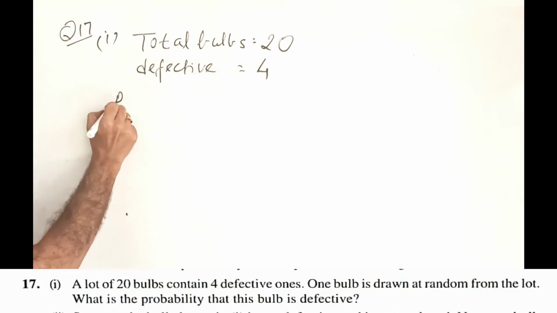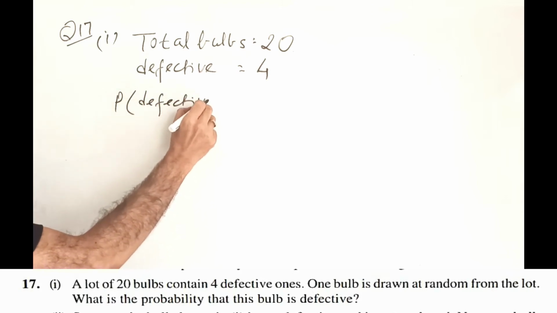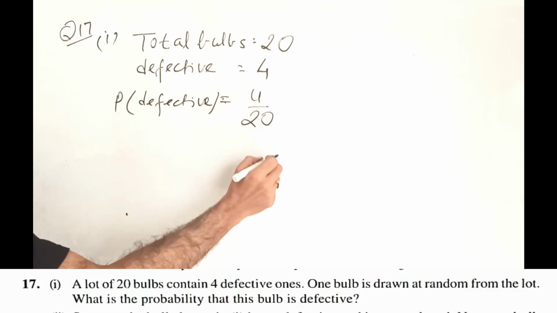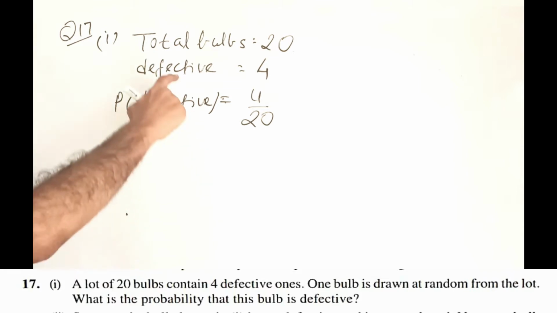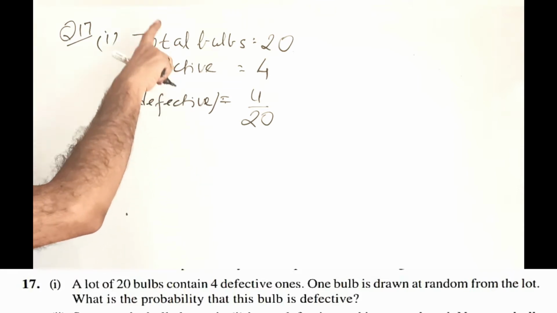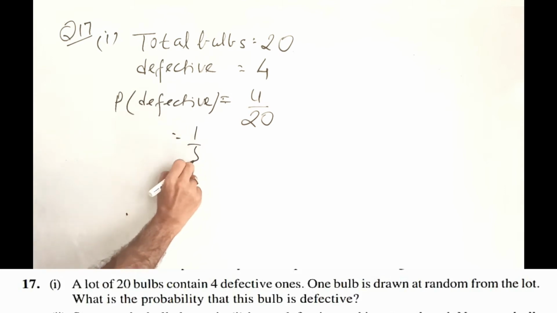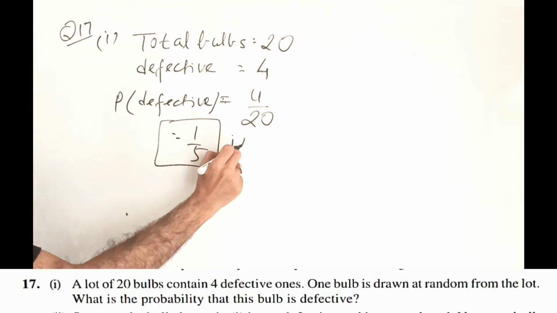So the probability of the event, that is, the probability of the defective, will be 4 upon 20. Favorable outcomes upon total outcomes. It is very simple, I am not writing the formula, you have to write favorable outcomes upon total outcomes. So the answer will be 1 upon 5. So this is the answer of our first part.